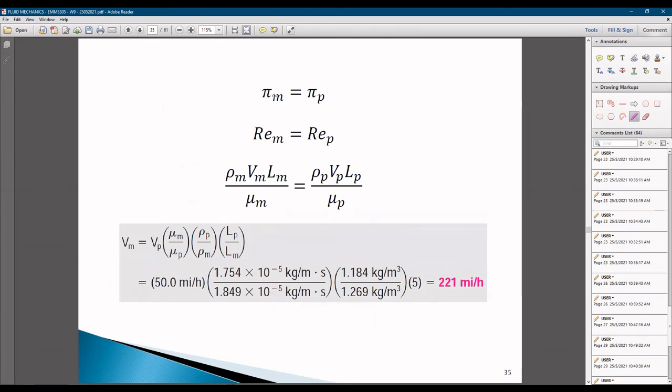The pi must be the same. So this is the equation, and from there you can rearrange it to get the value of V, the speed of the model. You rearrange, get this equation, plug in all the values, and finally you will get this speed.